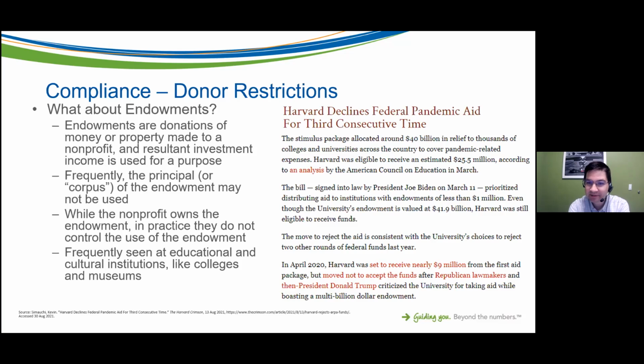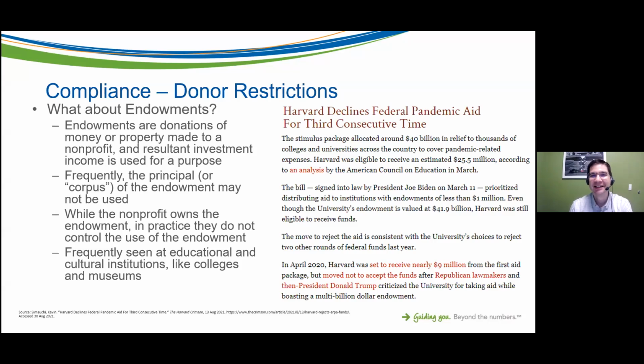If I recall, they were eligible to receive $25.5 million. However, the university's endowment is valued at $41.9 billion. So as you can imagine, people hear that Harvard has almost $42 billion. Why are they asking for pandemic aid?